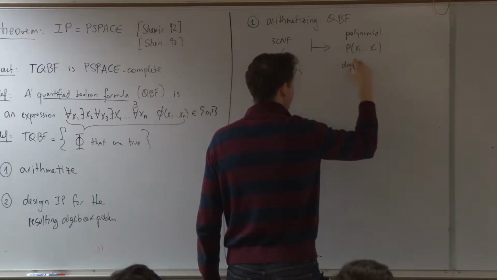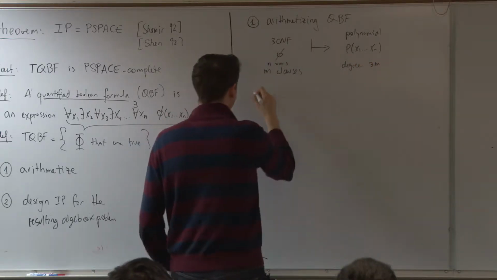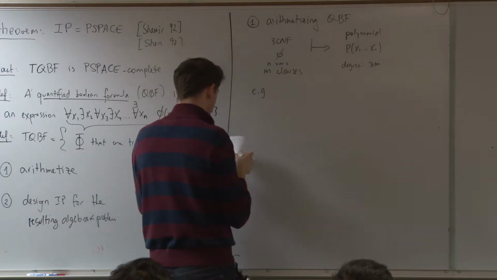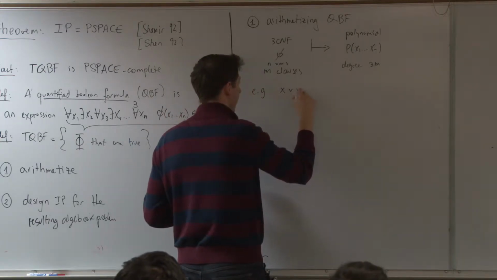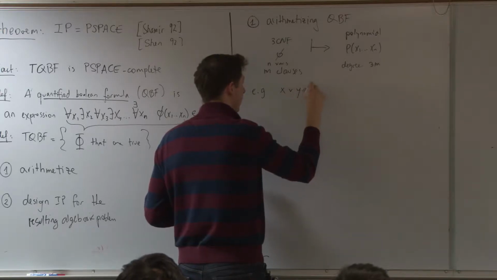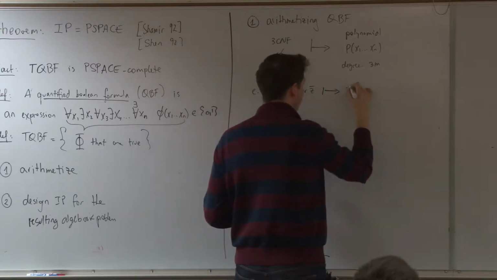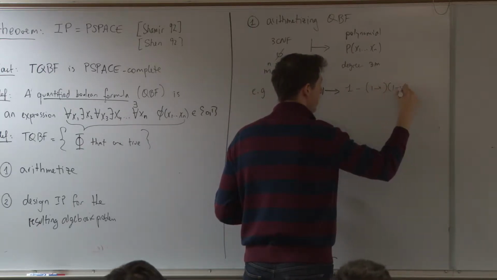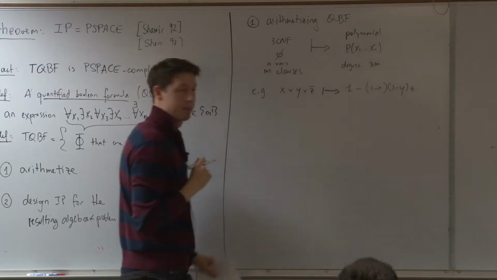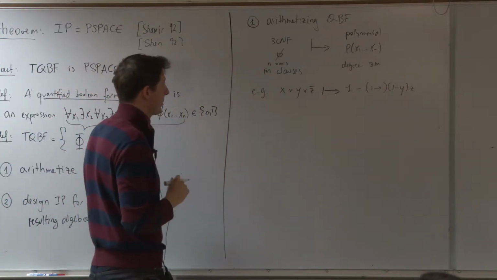That's gonna have degree 3m. And just to remind you, as an example of how it looked, if we have a clause that looks like x or y or not z, then such a clause would be mapped to 1 minus (1 minus x)(1 minus y) times z. Okay, so that was the mapping that we saw last time.